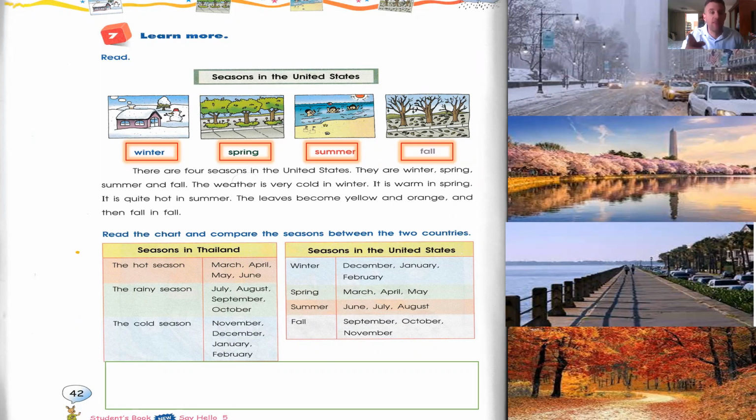So if you learn that, you can speak about many things all around the world. Take a look on these pictures and try to answer about what is the season. So 4 seasons.